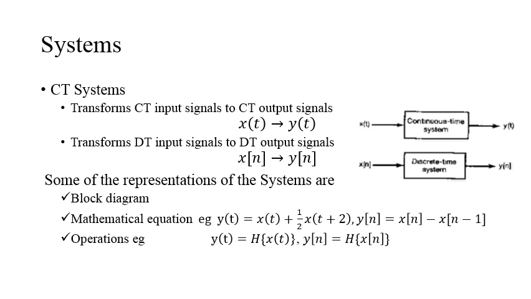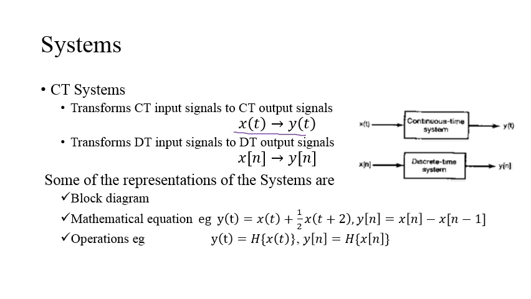A continuous time system transforms continuous time input signals into continuous time output signals. We represent this by an arrow. It's a norm that the input is represented by x and the output by y.